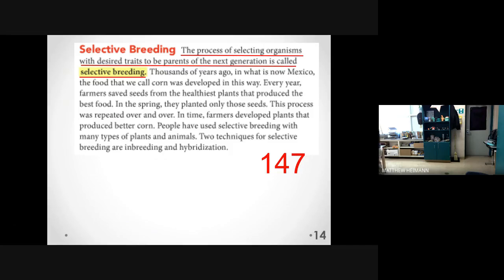And then you take the litter of wolves and the smallest wolf from one family, you would mate it with the smallest wolf from another family. And then they would have a bunch of babies. And then you take the two smallest wolves.